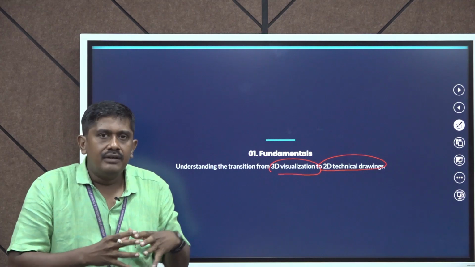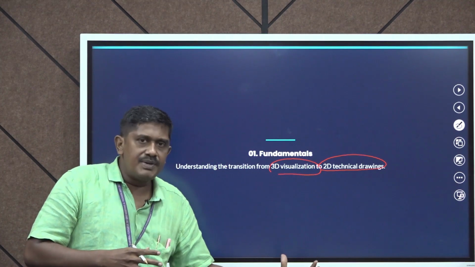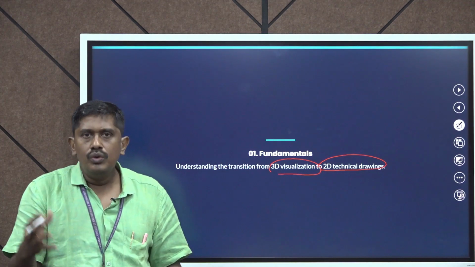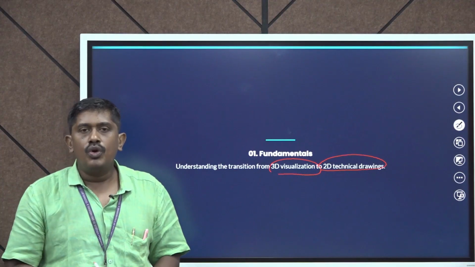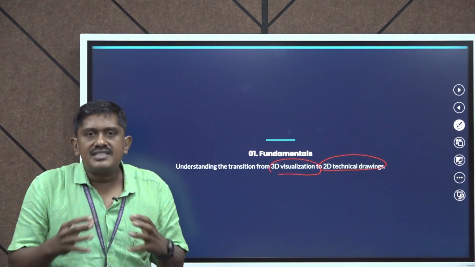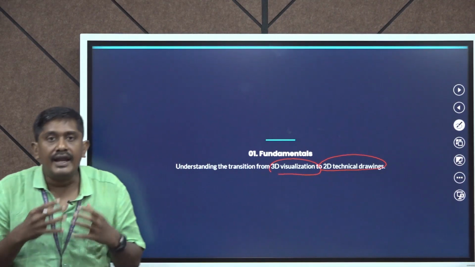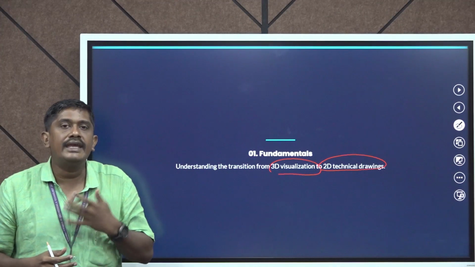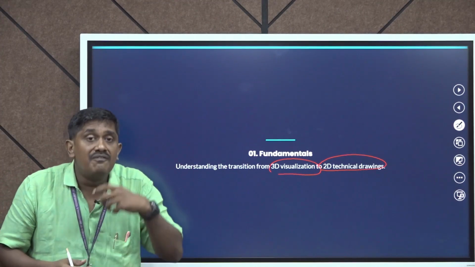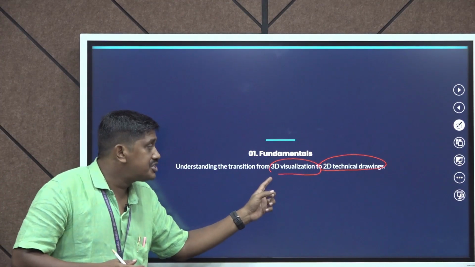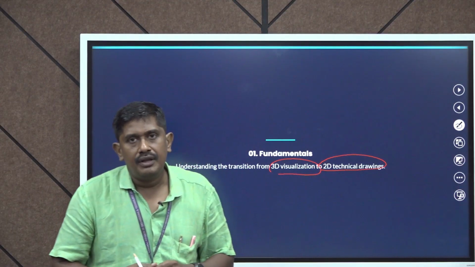How do we connect the customer's requirement to the shop floor working person? The bridge can be connected by the CAD modeling engineers. That's why we require 3-dimensional to 2-dimensional.